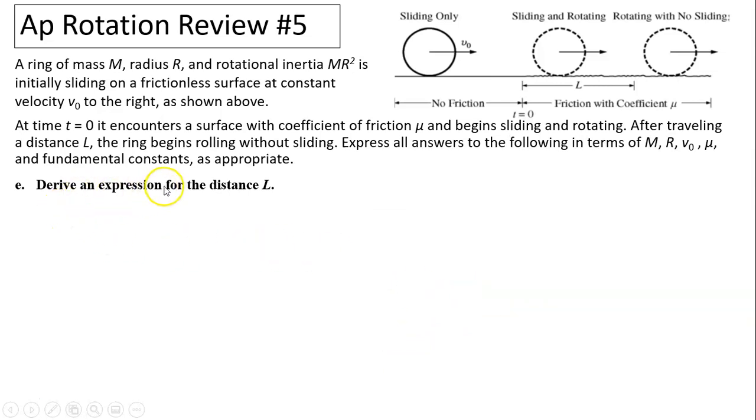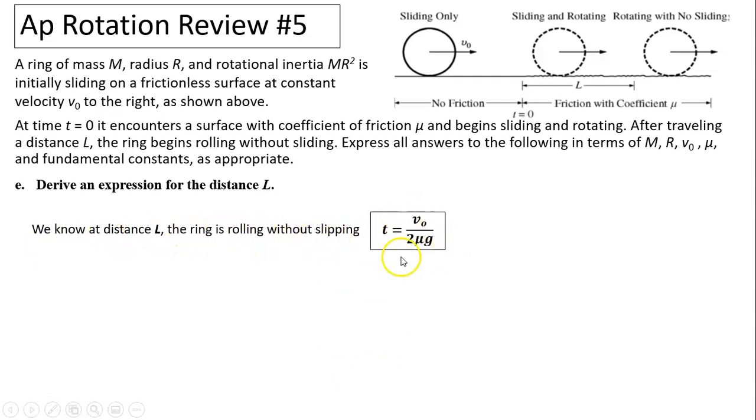Last part, derive the expression for the distance L. Again, this is a kinematics question. We know at distance L the ring is rolling without slipping. We know the time, the initial velocity, and the velocity at L, which is v0 over 2. You have to find the distance.